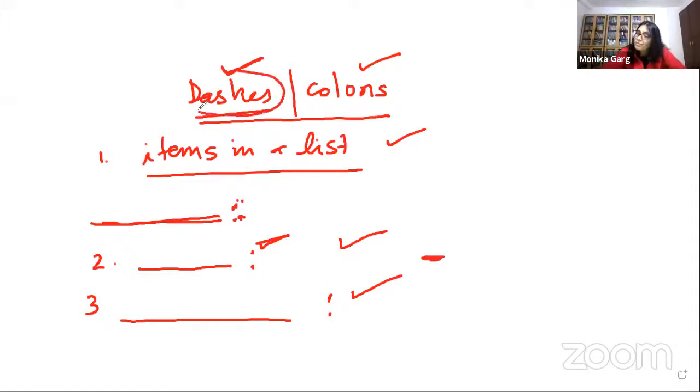And then dashes have two more usages also. One is, you don't have paired colons ever. You don't use paired colons, but you do use paired dashes when you want to put an independent clause, or a non-essential clause, or you want to give information which is totally additional.